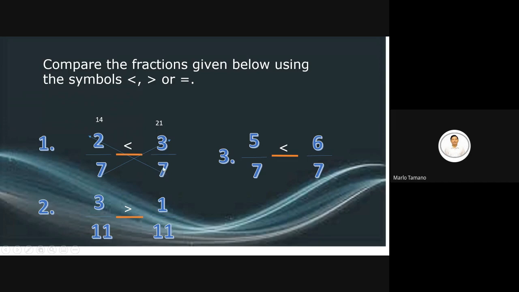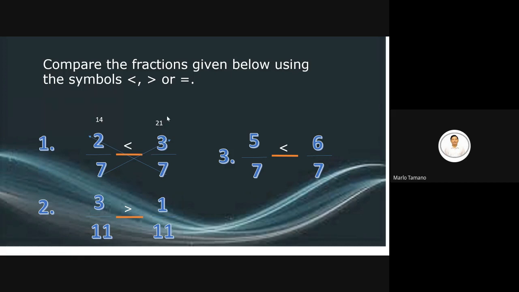You can apply the cross multiplication. Multiply the numerator of the first fraction with the denominator of the second fraction. So, cross multiply, 7 times 2 is 14. You put the product over the 2. Then multiply also the numerator of the second fraction with the denominator of the first fraction. So, 7 times 3 is 21. Ilagay po yung 21 sa itaas ng 3.